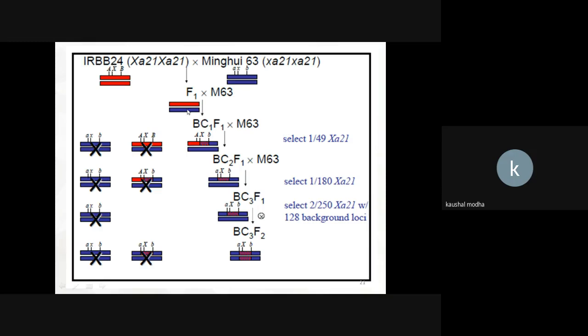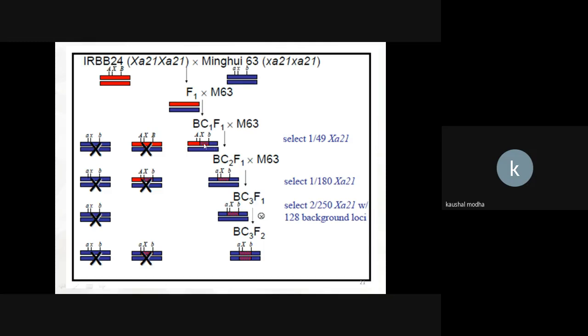Now we backcross this F1 with the recurrent parent, and we evaluate the backcross 1 progeny. Here we perform foreground selection. We utilize the tightly linked marker for selection of this target locus. And we also perform recombinant selection. We utilize these markers for identifying the recombination.